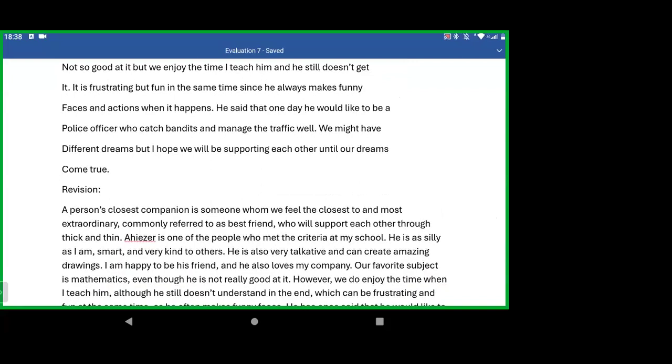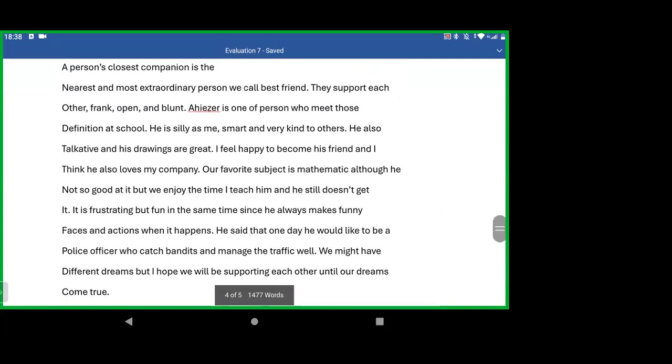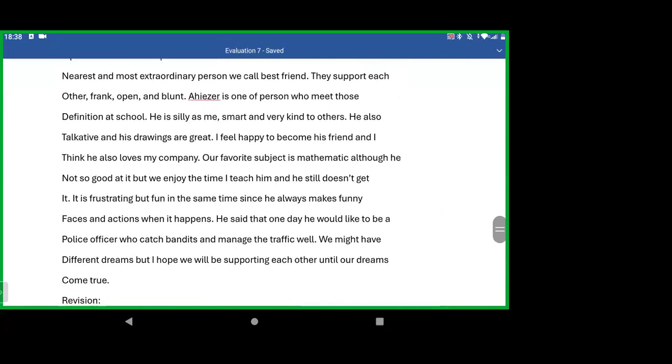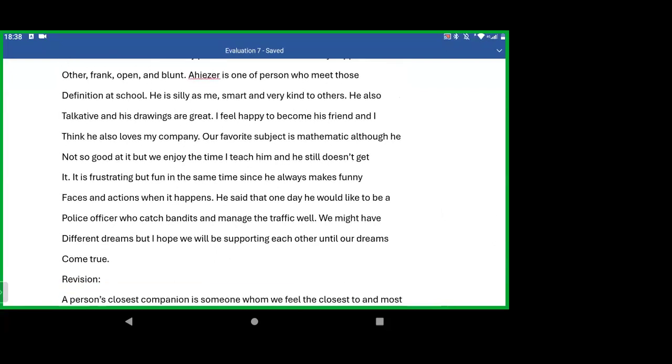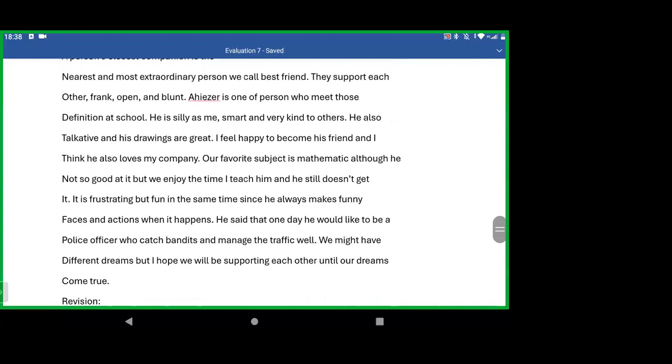Frank, open, and blunt are all synonymous, meaning that we can be honest and open with each other. But through thick and thin, I'm trying to insert an idiom right there so you can learn new idioms from the sentence.